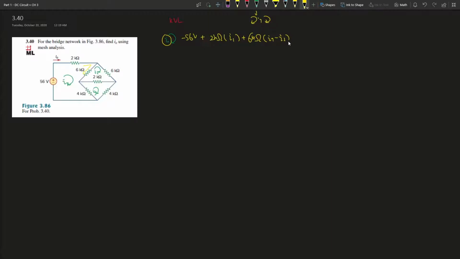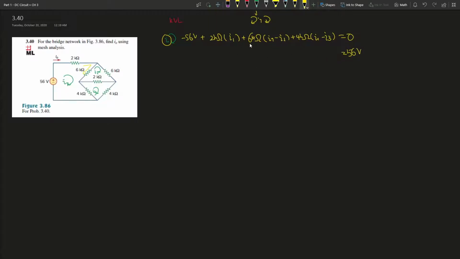Moving on to the 4, it's 4k ohms times I1 minus I3, and this whole thing gives you 0. Remember the units: kilo ohms and volts, so the current is in milliamperes.